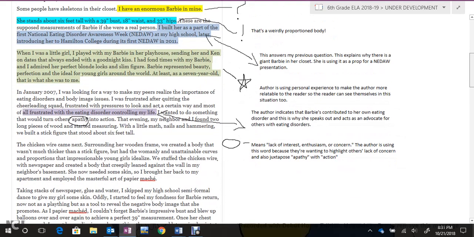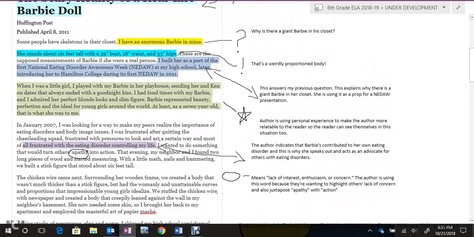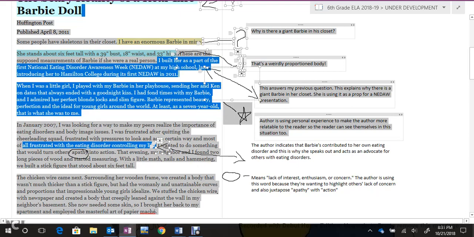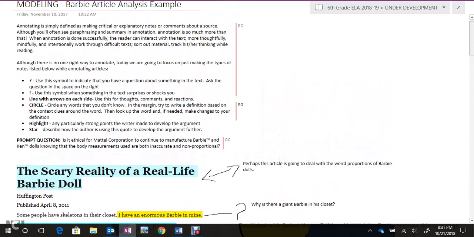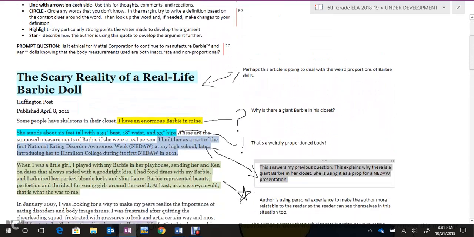I just want to be clear about this: your annotations are not just these little symbols. Your annotations are also these comments out to the side. You need to have complete comments out to the side, complete thoughts, not just a couple of words, but complete sentences. Otherwise, you're not going to get credit for what you're going to be doing today.